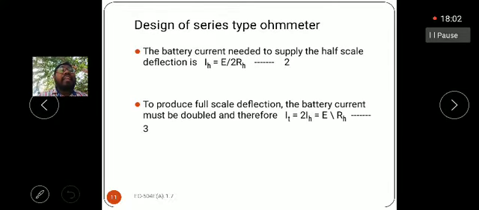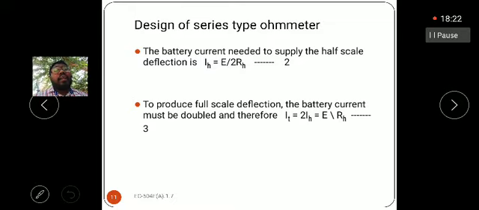The battery current needed to supply the half-scale deflection is IH, that is IH is equal to E by RH. Here, for half-scale deflection, we take 1 by 2 into E by RH.